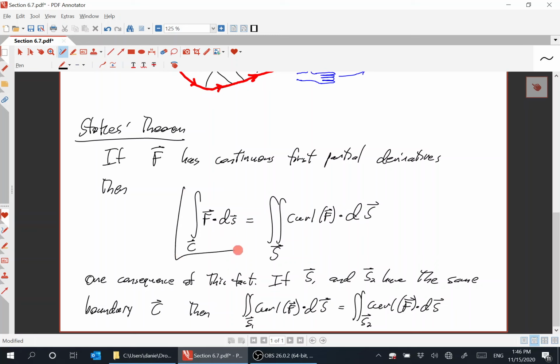Okay, because they're both equal to the line integral over C, which doesn't care what the surface is, just that its boundary is C.